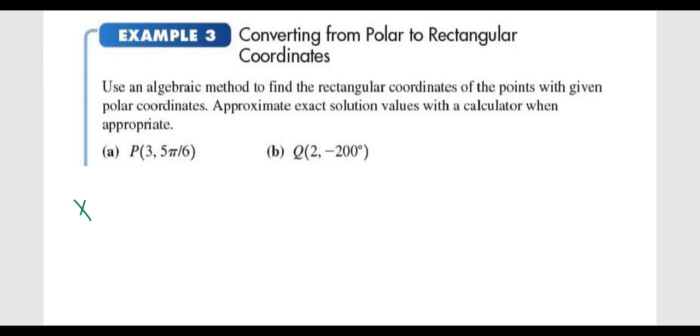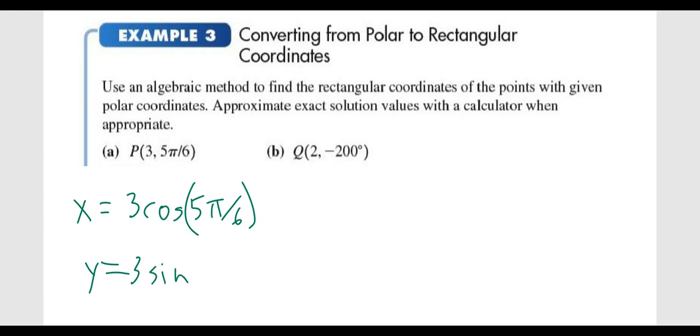So x is equal to r cosine 5 pi over 6. Y equals r sine 5 pi over 6.